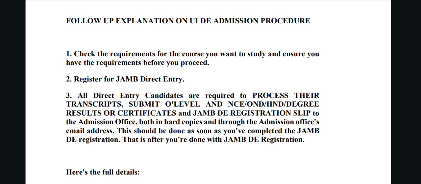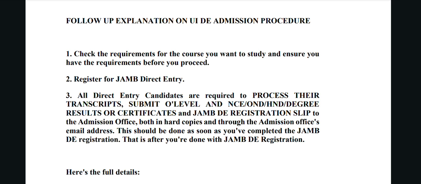So we all know that before you plan to apply for admission, you have to check the requirement for the course you want to study, and ensure that you have the requirement before you proceed. So that saves you the time and the effort, so that you do not, at the end of the day, discover that you are not eligible for the program you're applying for.